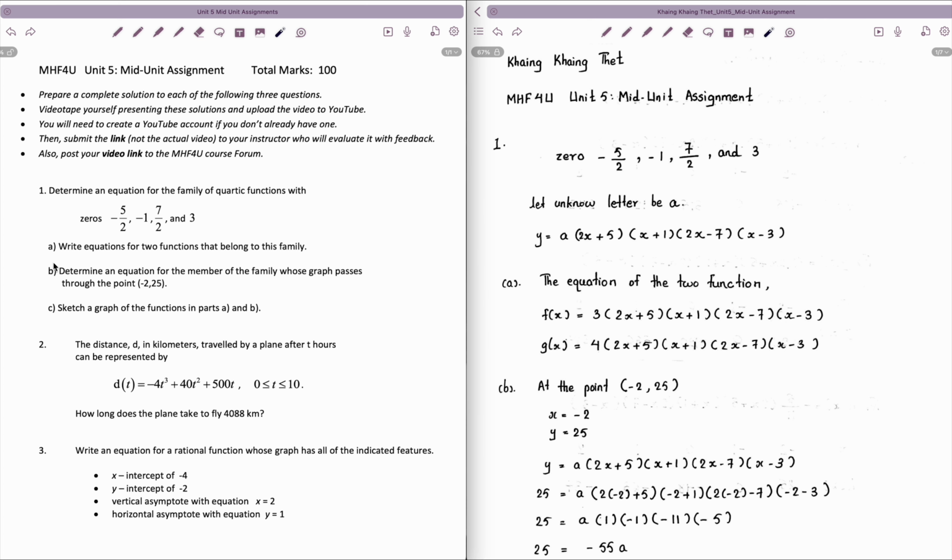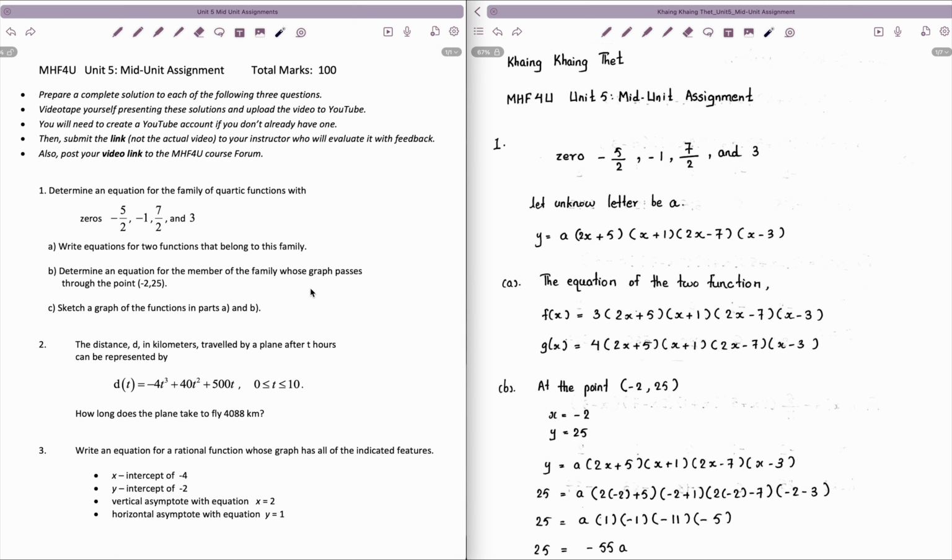For part A, write equations for two functions that belong to this family. We can put any real number as the value of a. So we get two functions, f of x and g of x, using the real numbers 3 and 4.